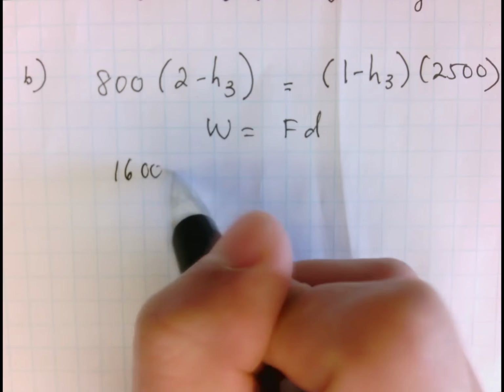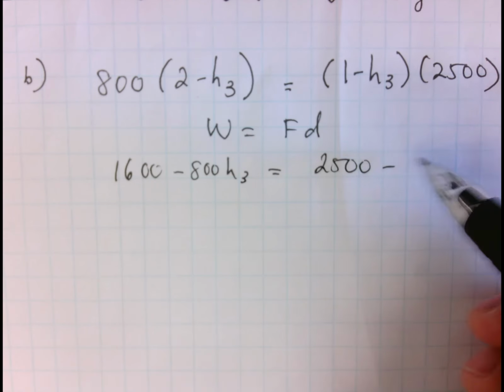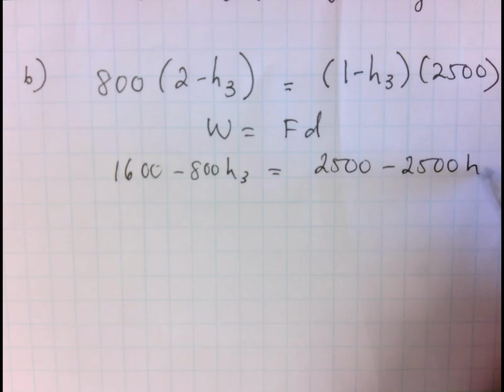So 1,600 minus 800 h3 is equal to 2,500 minus 2,500 h3.